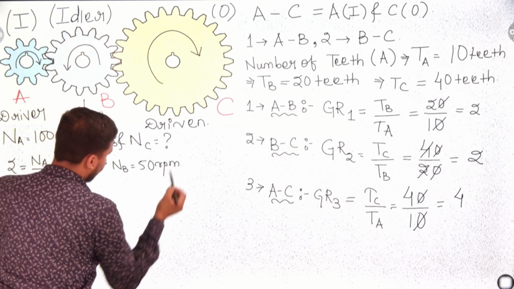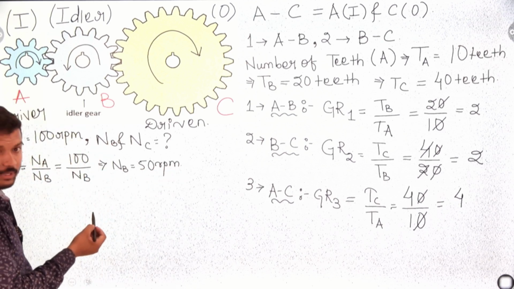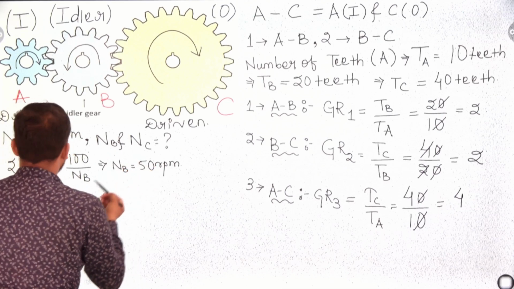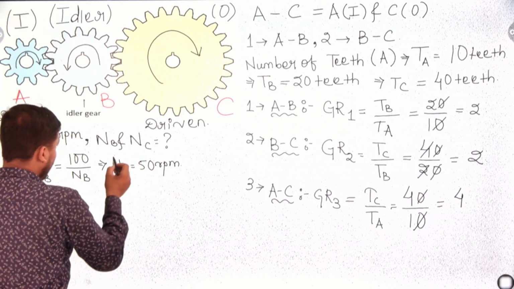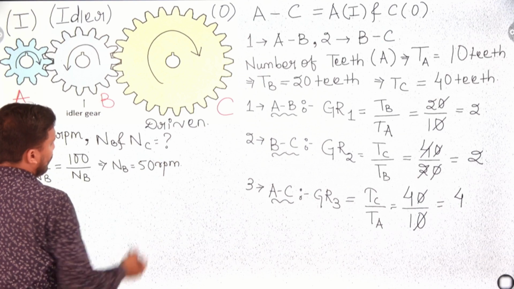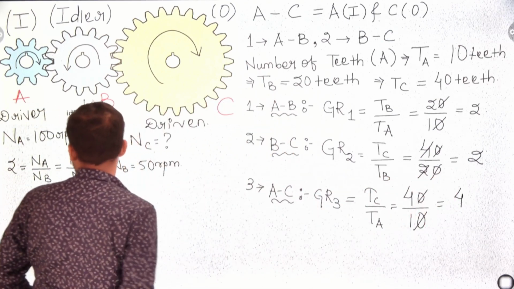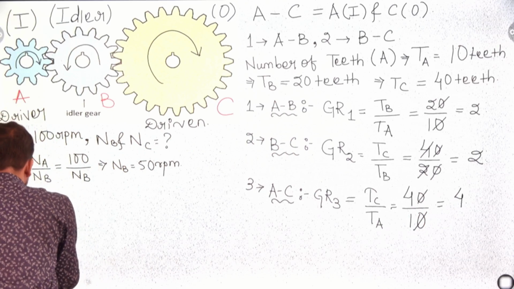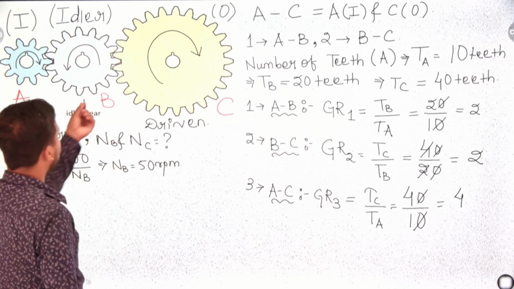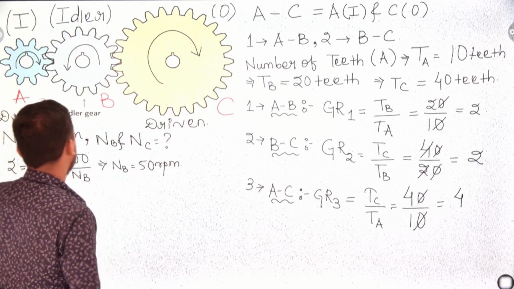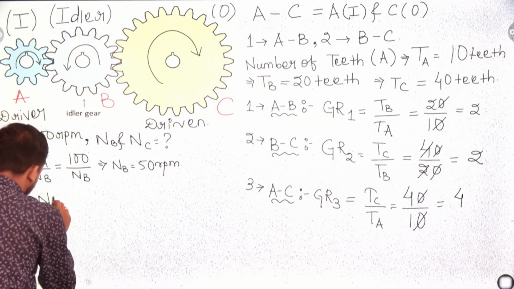Similarly, if NB is 50 RPM, then what happens for NC? For the NC value, you have to go for the BC value. The gear ratio is 2. With B as input and C as output, it is NB by NC.